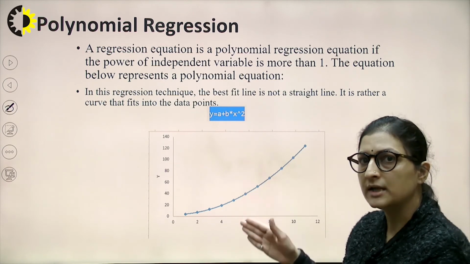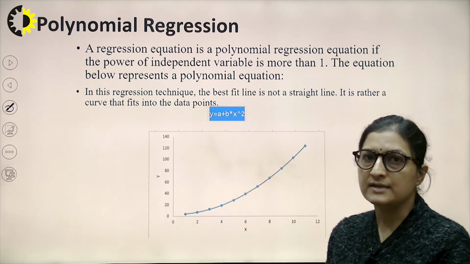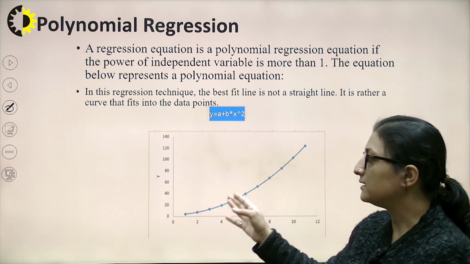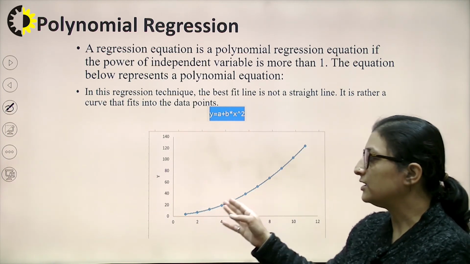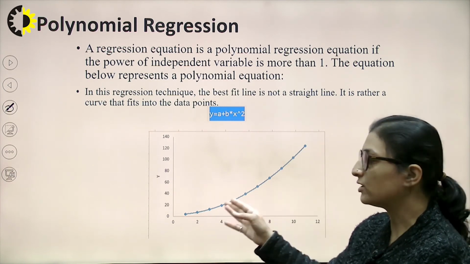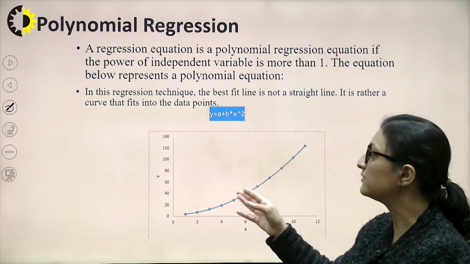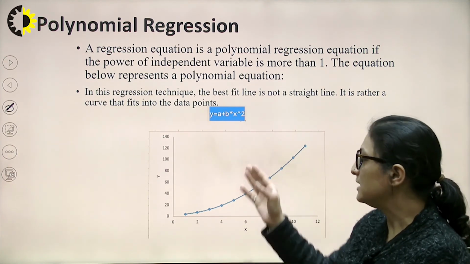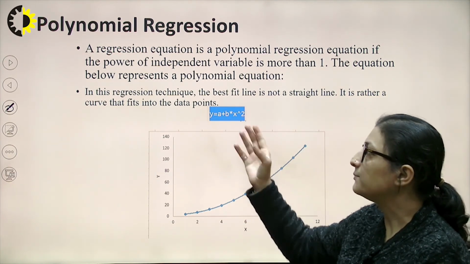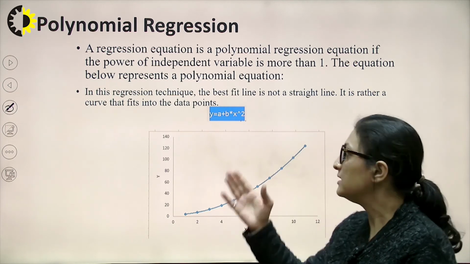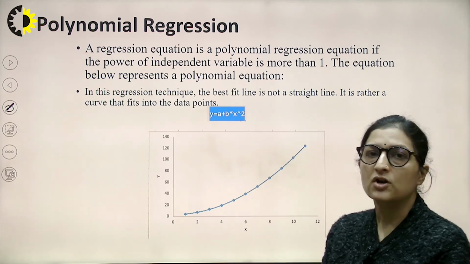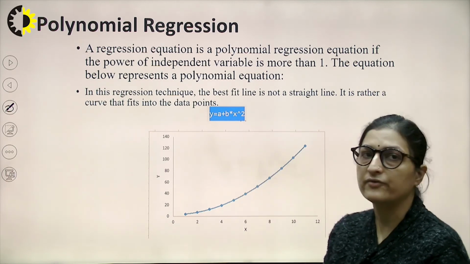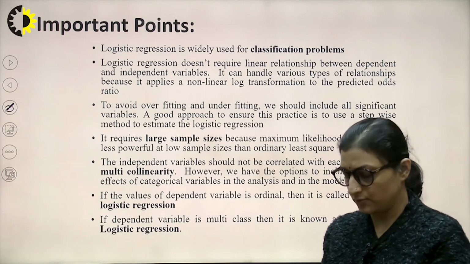If after plotting my entities I find that the line I am creating is not linear, there is a certain curve, and the independent variable has a power greater than 1, in this case the power of x is square, then I would say that this is a polynomial regression equation.